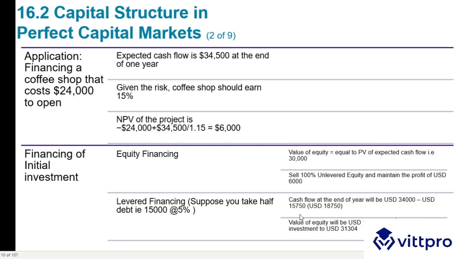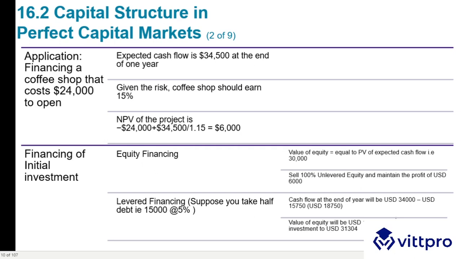So at the end of the year you need to pay 18,750, but your investment as of now is only 15,000. If you look at the present value of 18,750, it's $16,304. If you add 15,000 of your own equity as well, the value of the company is increased to 31,304, right? So the value has increased from 30,000 to 31,304 because of the debt.